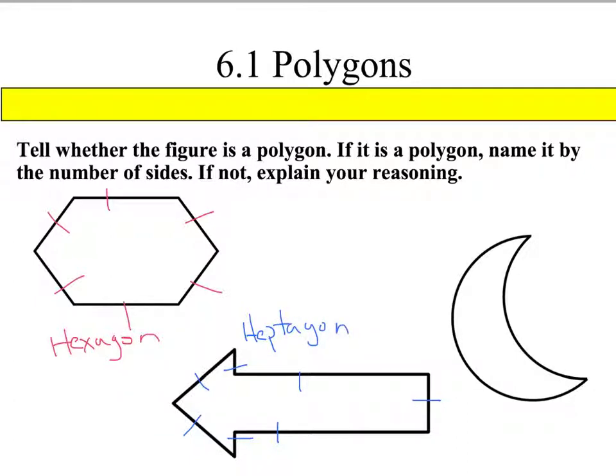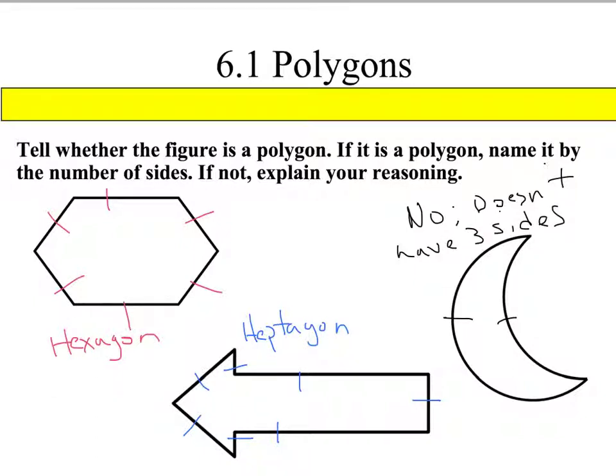Okay, last one. We have that beautiful crescent moon. It has 1, 2 sides. Now, is this a polygon? No, and there are 2 reasons why. It is not a polygon because, first of all, it does not have 3 sides. But it also has curved lines.